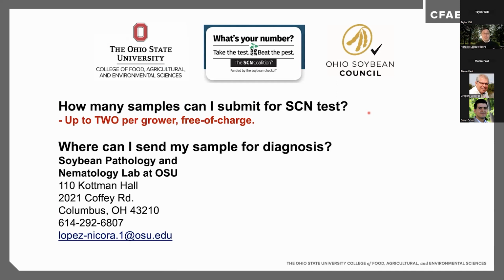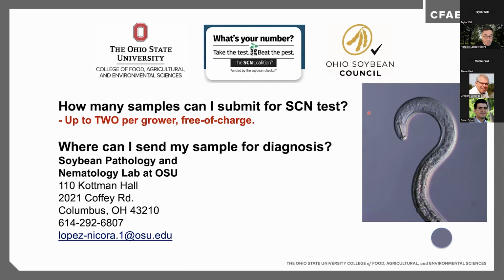You will get an email saying non-detected, hopefully, or the amount of soybean cyst nematode X per 100 cc of soil that we have detected in your soil sample. Below, there will be a table with different recommendations according to the level of soybean cyst nematode detected in the field. If you have any questions, of course, feel free to shoot me an email or give me a call.